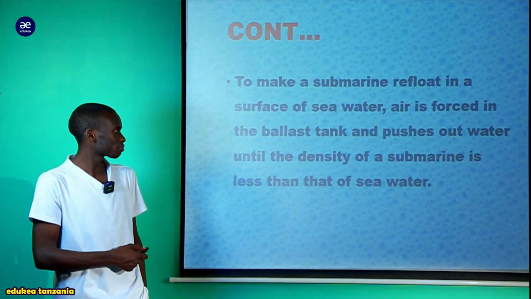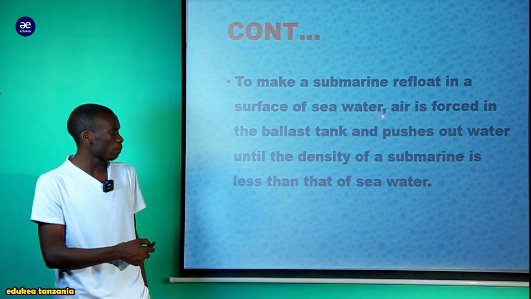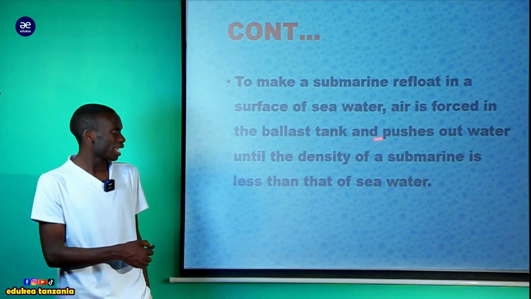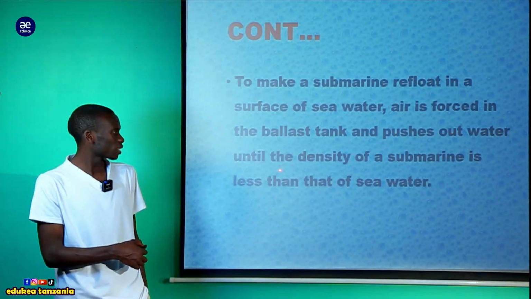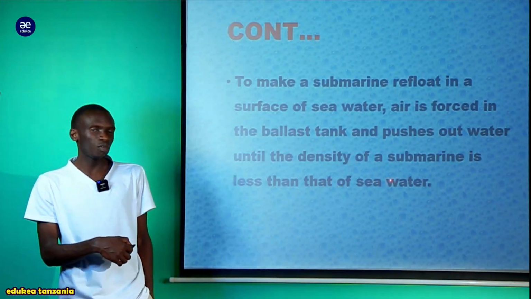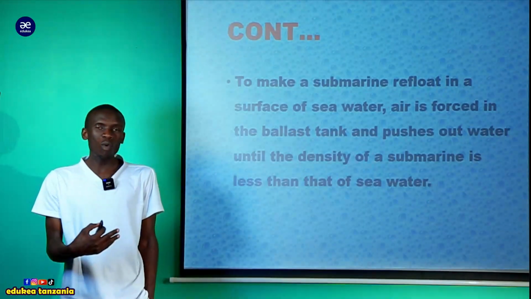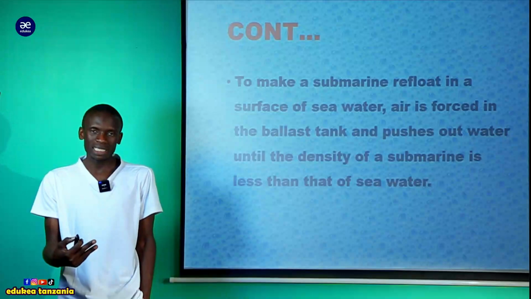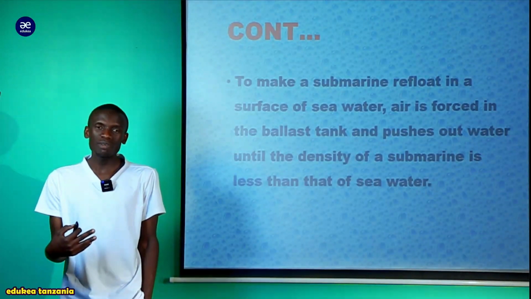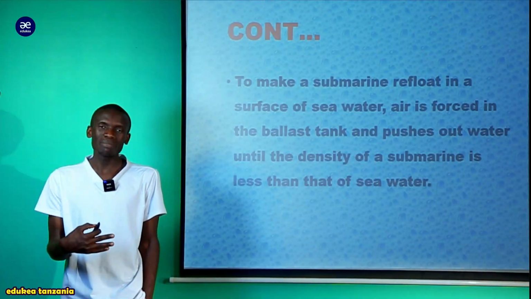Say, to make a submarine refloat on the surface of seawater, air is forced into the ballast tank and it pushes out water until the density of the submarine is less than that of seawater. So if you want to refloat a submarine, air is forced to enter the ballast.